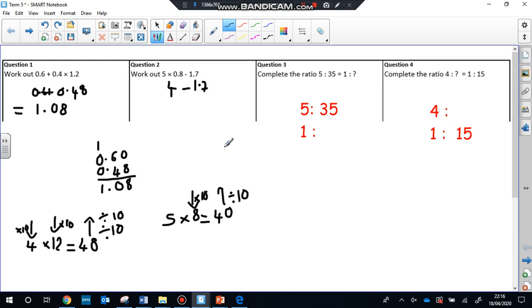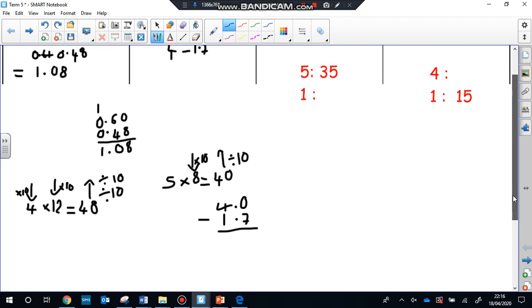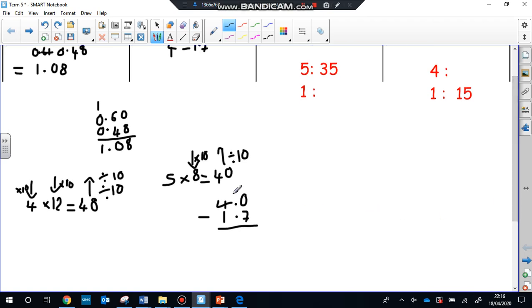So again, I'll do a column subtraction slightly lower here. So I've got to do 4.0 subtract 1.7, and again, really important, you line up your decimal points and then your units in the units column, tenths in the tenths column. So I've got to start by doing 0 subtract 7. I can't do that, so I'm going to have to borrow.